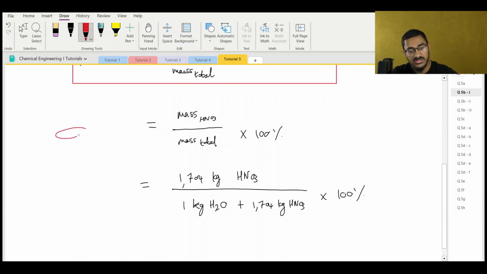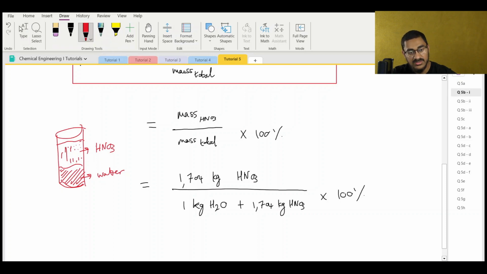Do you agree that is the total mass of the solution? If this makes sense, you can skip this, but I want to make sure I explain it properly in case anyone is confused. So this is your nitric acid, and this is your water. For every 1.7 kilograms of nitric acid I will have 1 kilogram of water.